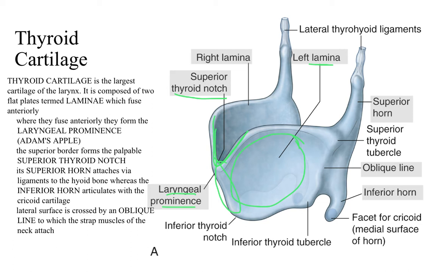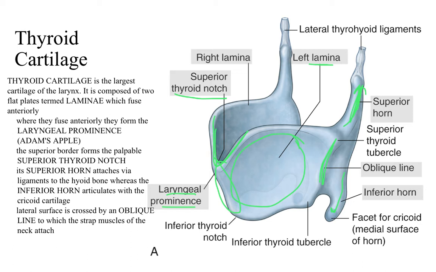On the posterior side, we have this superior horn pointing upwards. That's why it's called superior, and the inferior horn, which is smaller, pointing downward. And dividing or separating the lamina from the horns is a structure called the oblique line.